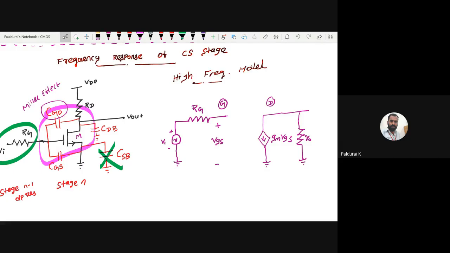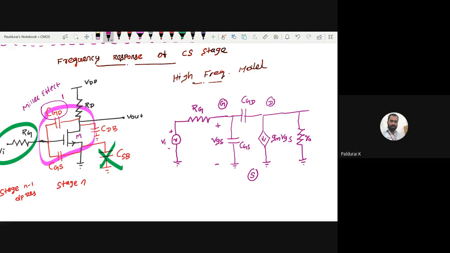For the high frequency model, you want to consider all the capacitors. First capacitor, take it as between gate to drain. So I have one capacitor CGD, gate to drain. Then gate to source, I have one capacitor CGS.